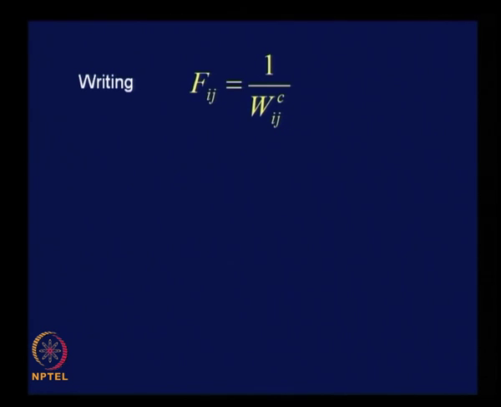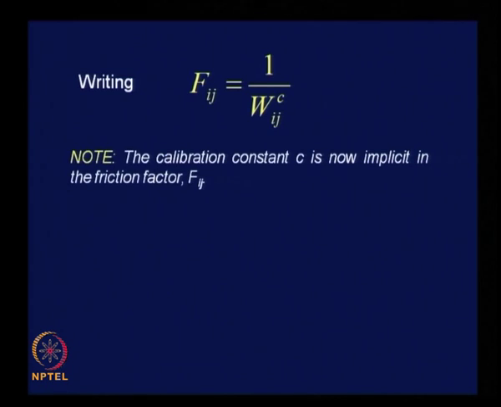Okay, we take 1 by Wij raised to power c as Fij, and the calibration constant c is now implicit in the friction factor Fij. That is the point, because we take Fij to be 1 by Wij raised to power c. That means when you estimate the value of Fij, you actually estimate the value of c. That is the implication.